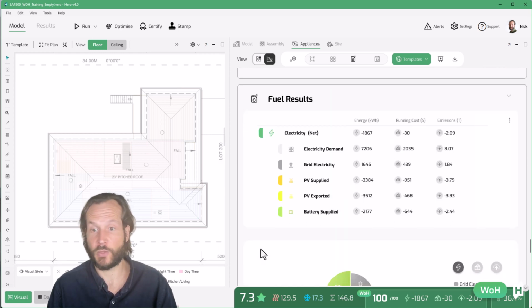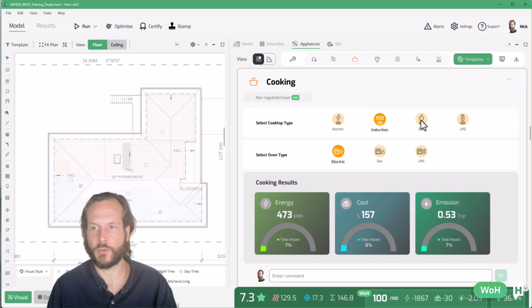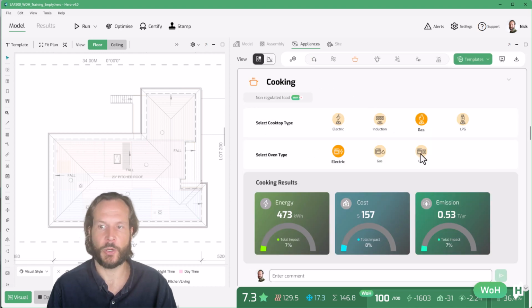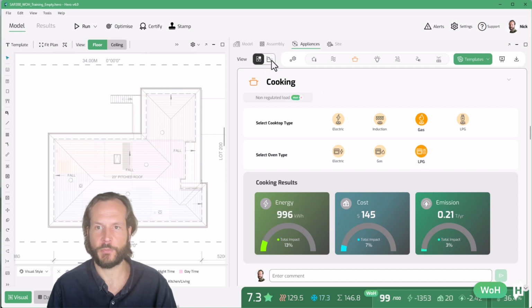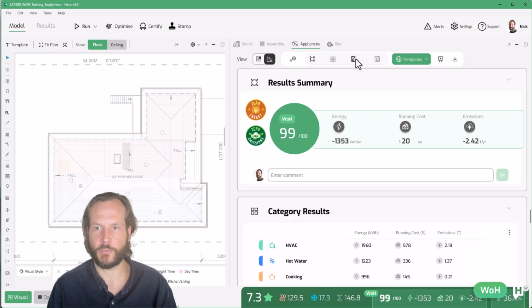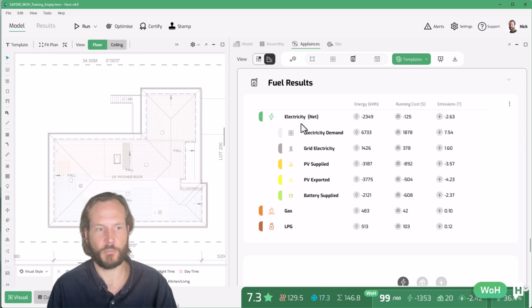We then show the fuel breakdown, and so here, if we had a gas or LPG system in the results, we'd also see them. And if you have solar and battery, we break the electricity into a few extra categories.